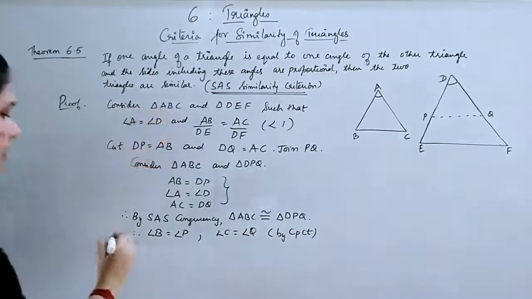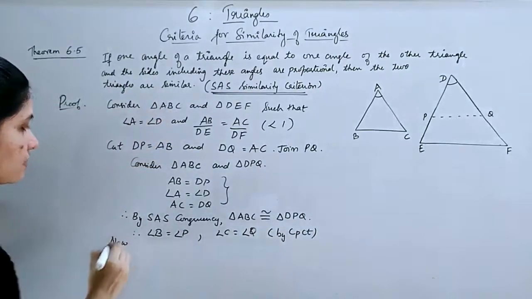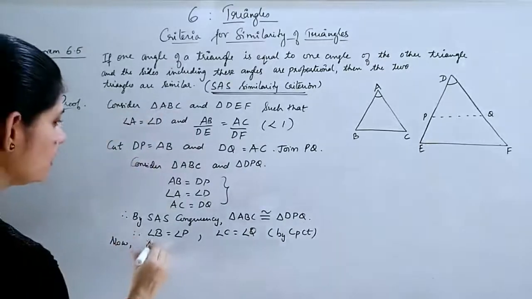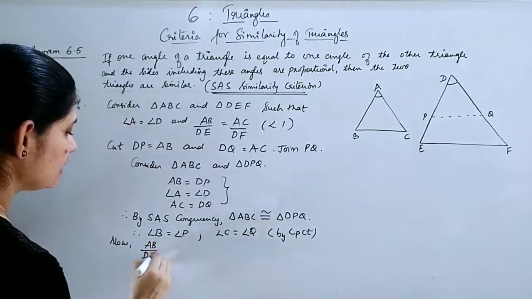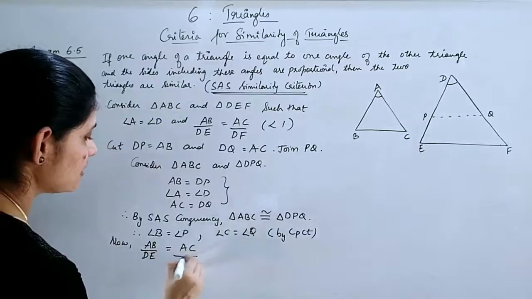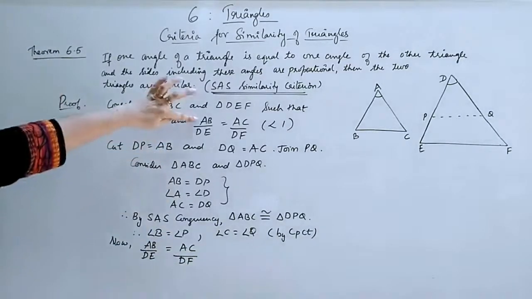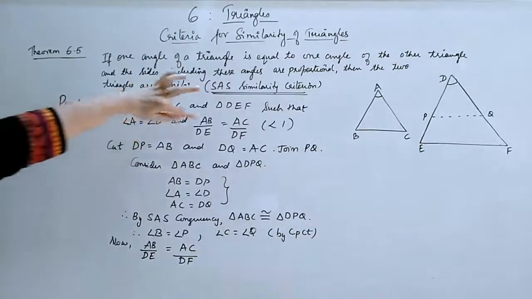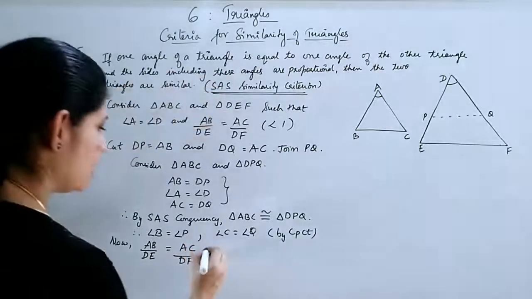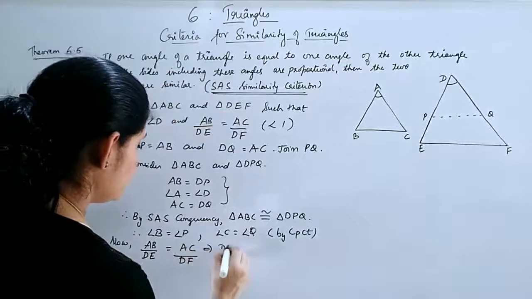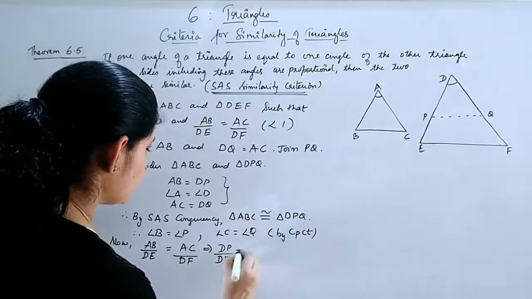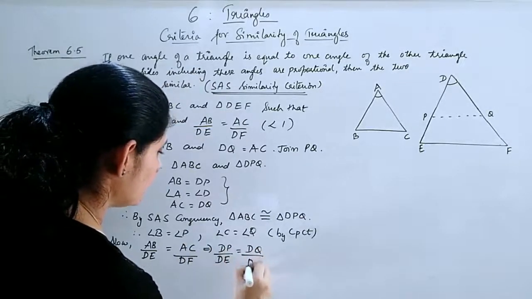Now we consider the fraction AB by DE equal to AC by DF, and replace AB with DP and AC with DQ, so that we get DP by DE is equal to DQ by DF.